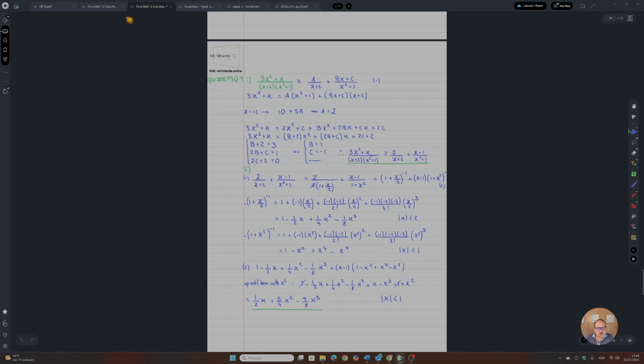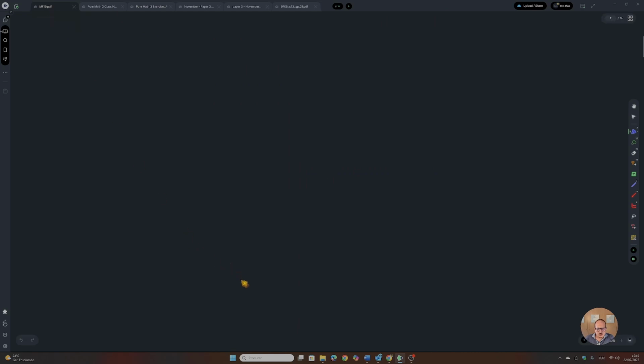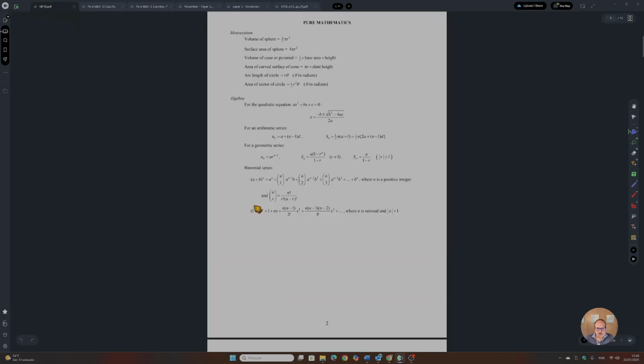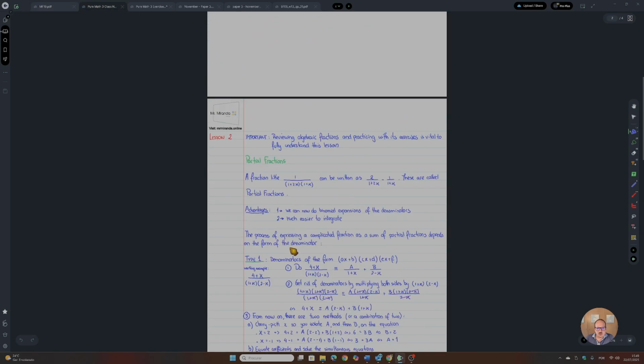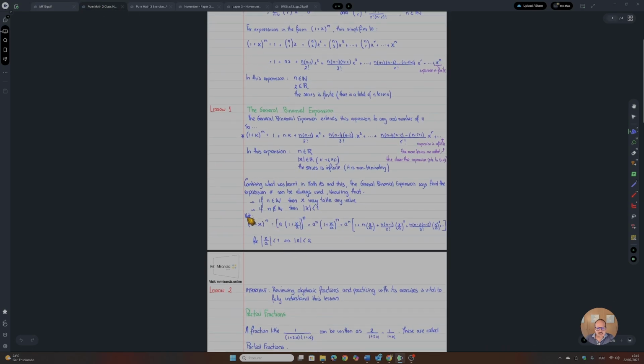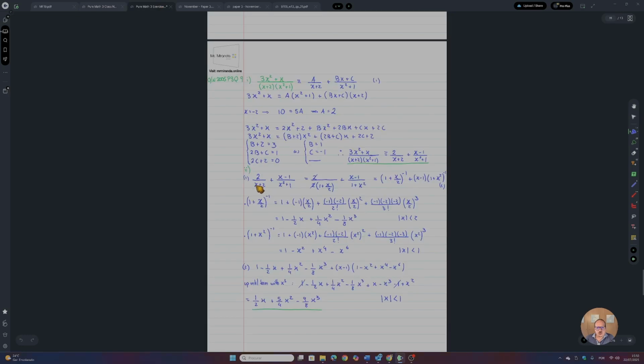In order for you to expand, don't forget what you need. You need something like this. Or to be more specific, you need something like this, because if you get that, you can organize it so you can expand it, remember? All right, so 2 over x plus 2.